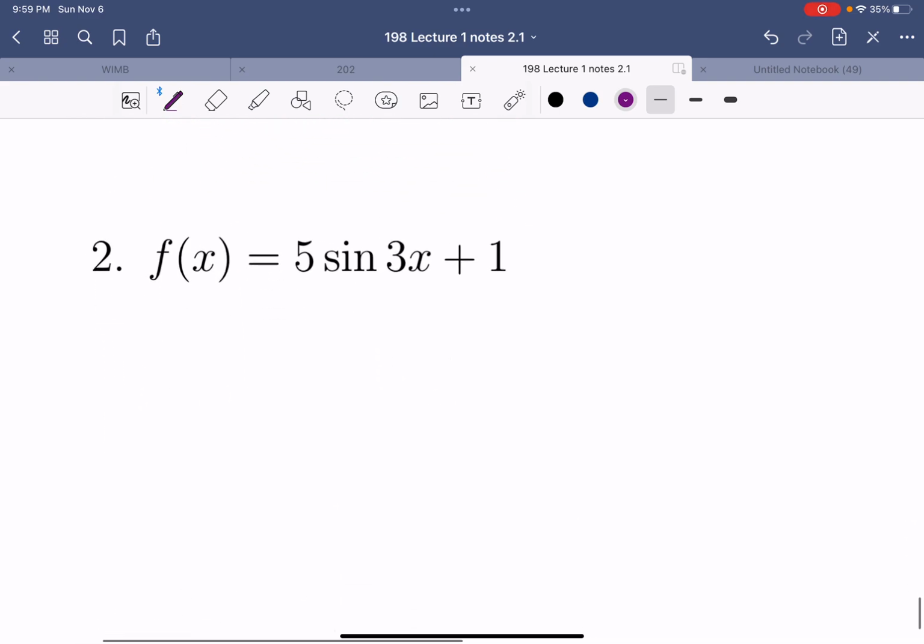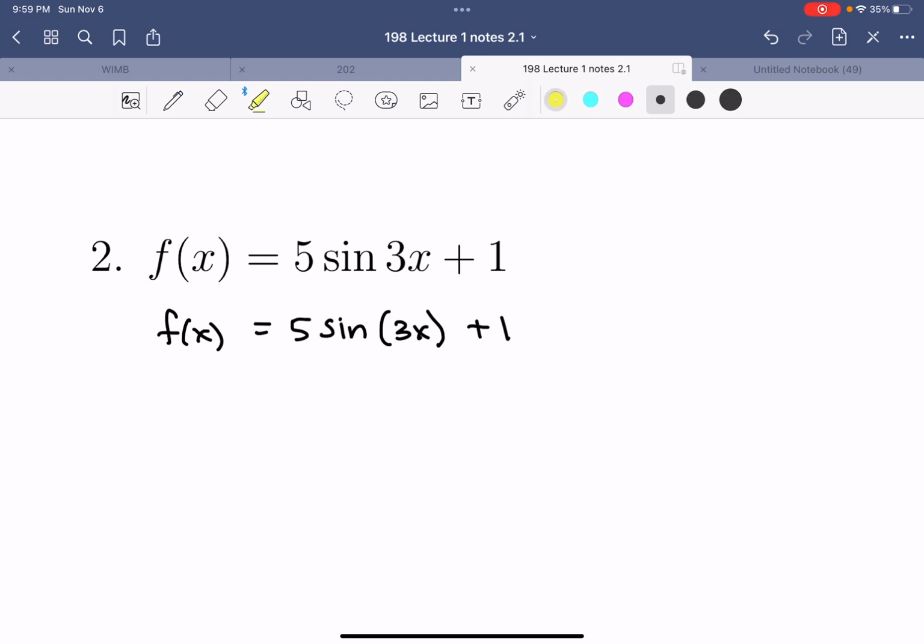Number 2, we're in the same kind of boat, except that this is the sine of something other than just an x. So I'm going to think about this as 5 sine of 3x plus 1. So again, the 5 out front, I don't worry about that. We're going to leave it there, and we're going to differentiate the sine function. But with this one, I have an inside function and an outside function. So we're going to use chain rule.